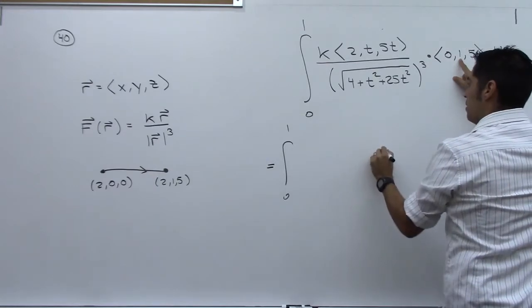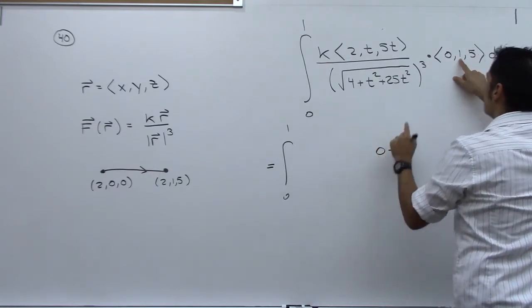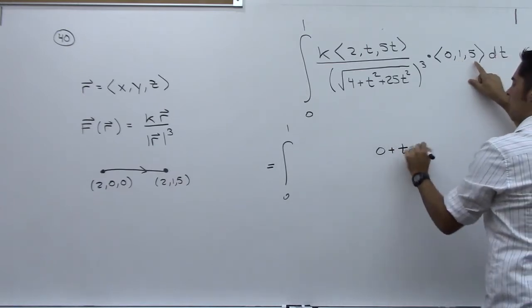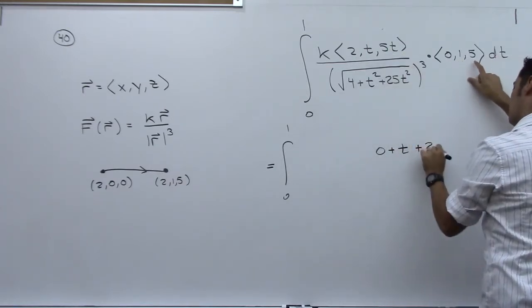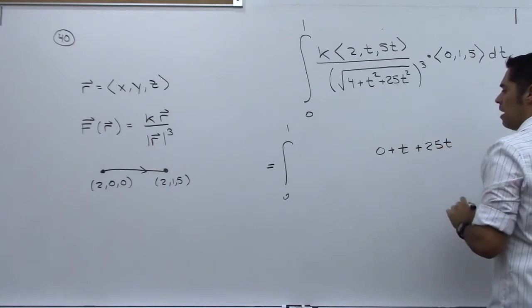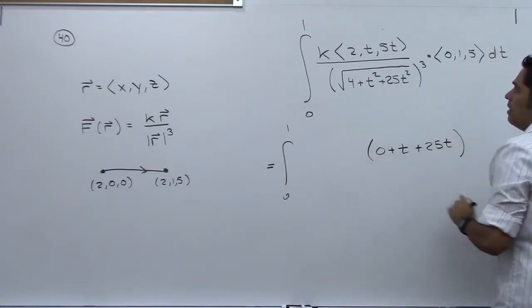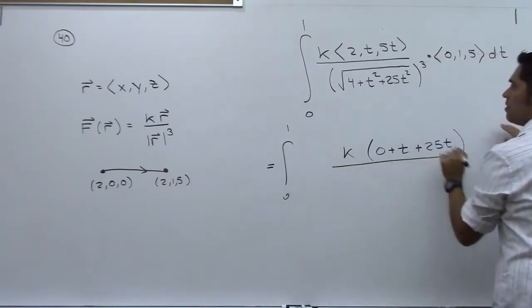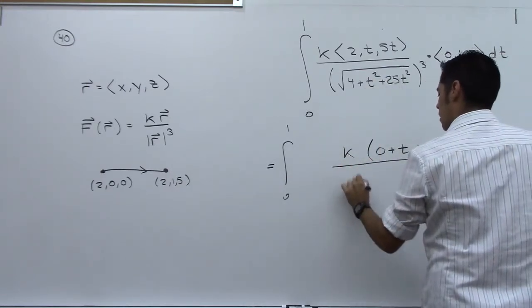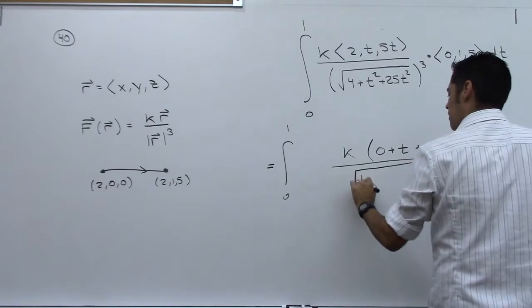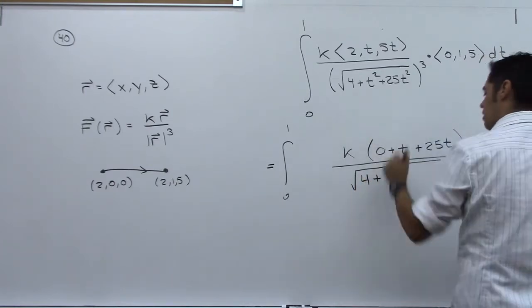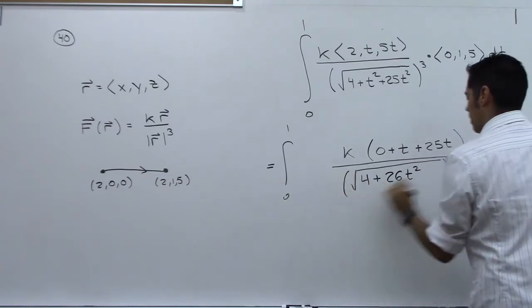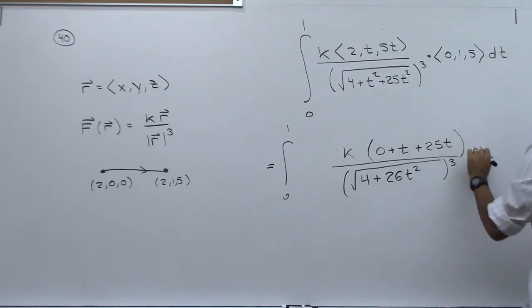I get 0 plus 1 times t is t, plus 5 times 5t is 25t. That's our dot product. And all of this, k over the square root of 4 plus, I'm going to add those two together, 26t squared, all of that cubed, dt.